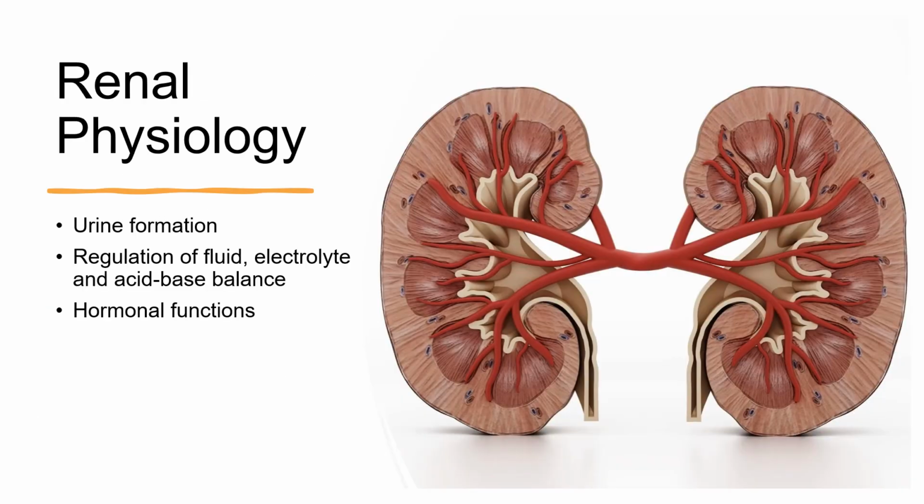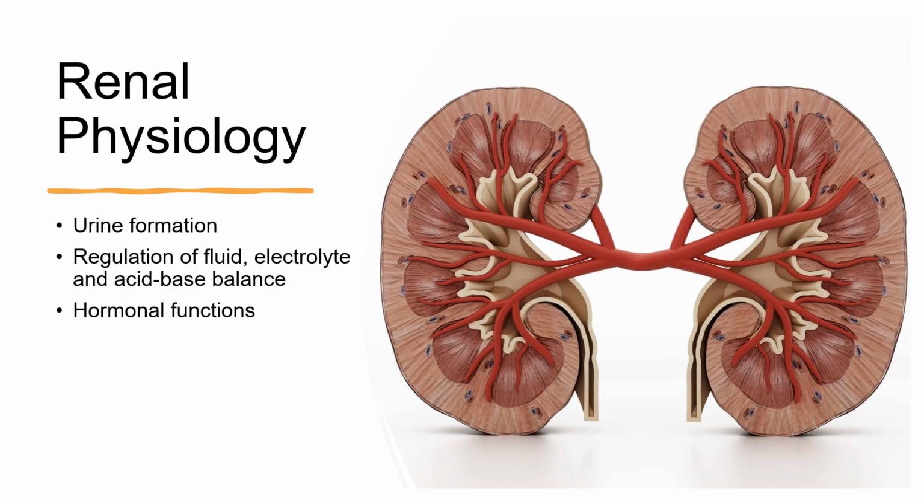The kidneys have lots of different functions that are essential to maintain homeostasis in our body. One is urine formation and the excretion of wastes. They also have regulatory functions related to fluid and electrolyte balance and acid-base balance. And they serve hormonal functions, such as renin production that helps to regulate blood pressure.